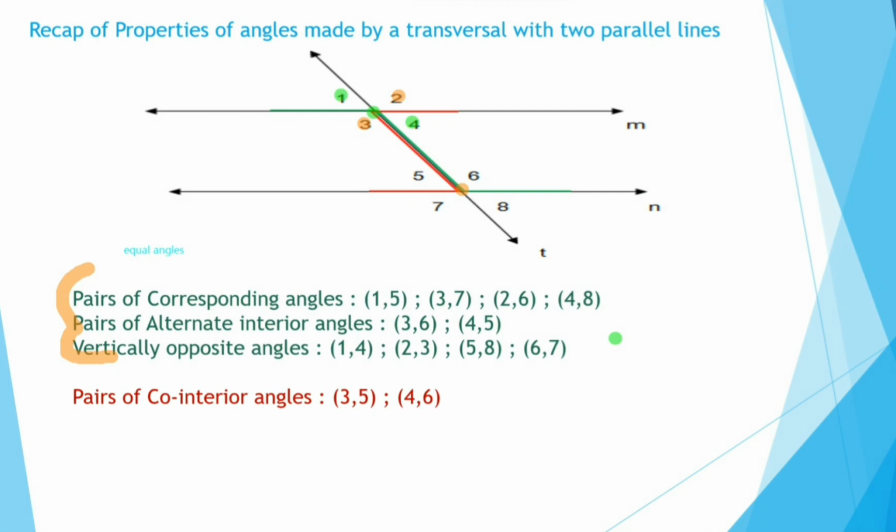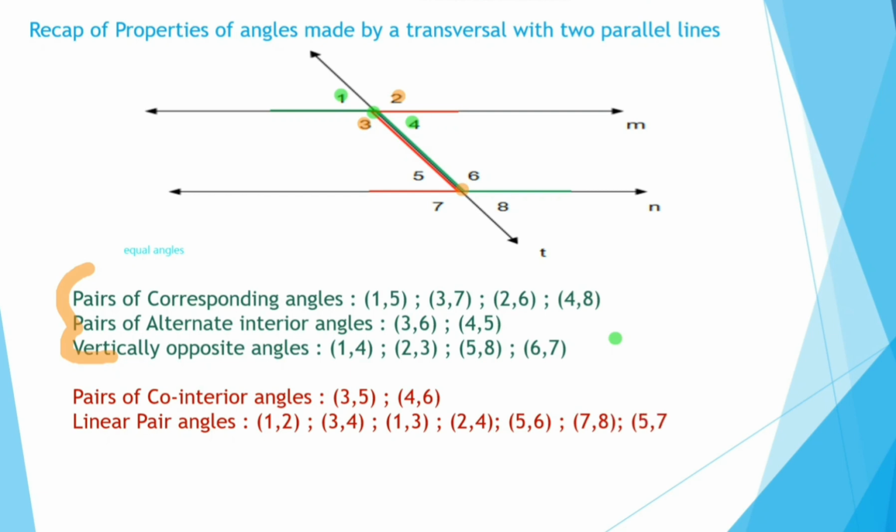Then another pair of angles are linear pair angles, which we have already discussed in detail earlier. So here at this intersection point, the first intersection point which we discussed was this. So we have angle 1 and angle 2, they are forming linear pair.